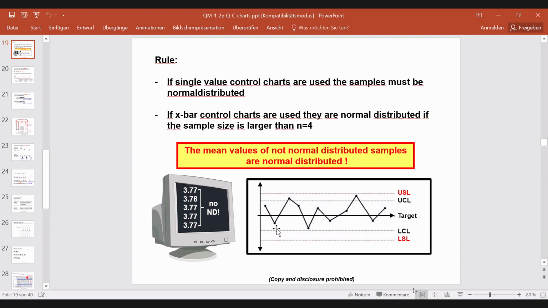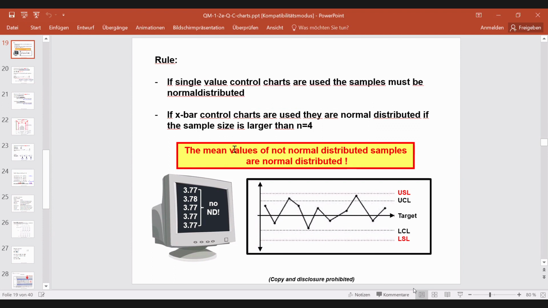This can be, but the distribution of the arithmetic mean values in a quality control chart is normally distributed, even if the samples themselves are not normally distributed. This is one of the golden rules in quality management.